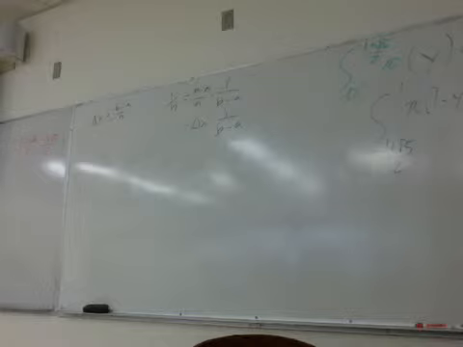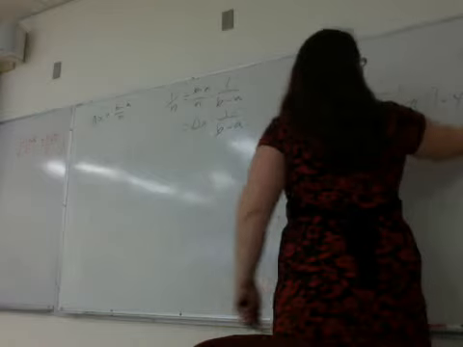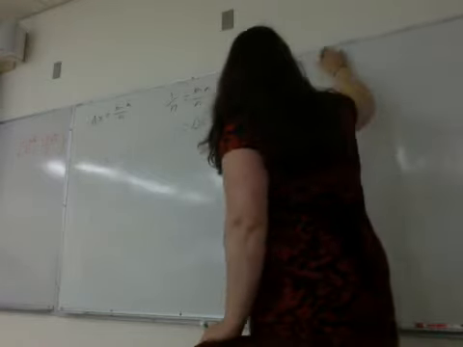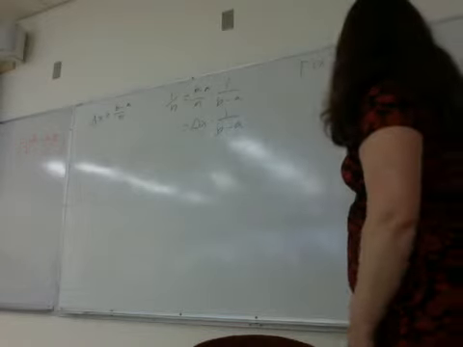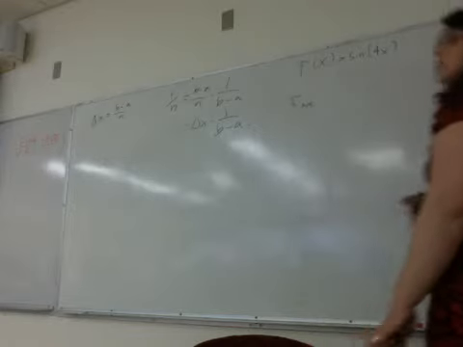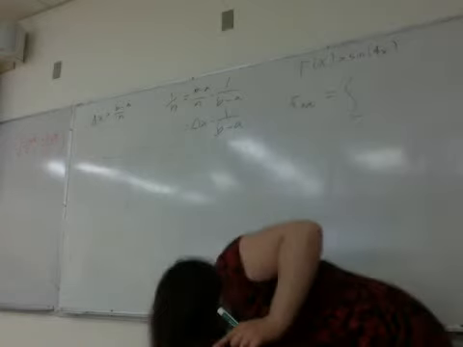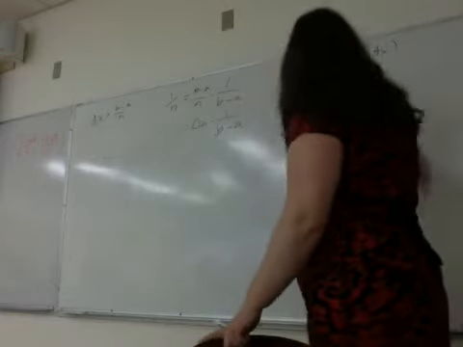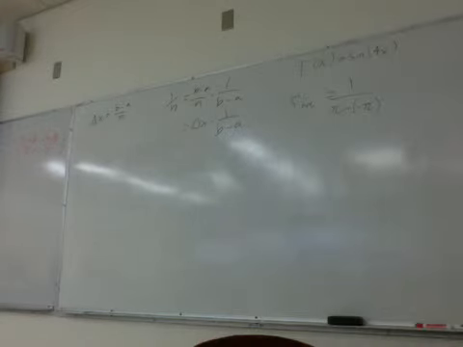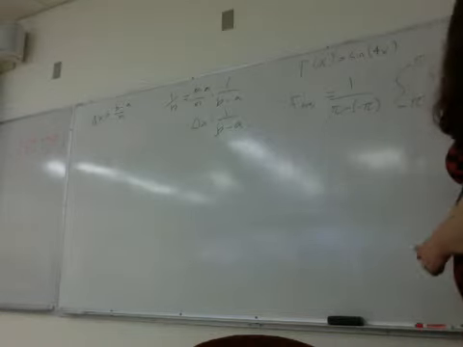So let's suppose you want to find the average value of the function f of x equals sine of 4x on the interval from negative pi to pi. If f of x is sine of 4x, then f_av, the average value of f, is going to be 1 over b minus a, which is pi minus negative pi, times the integral from negative pi to pi of sine 4x dx.